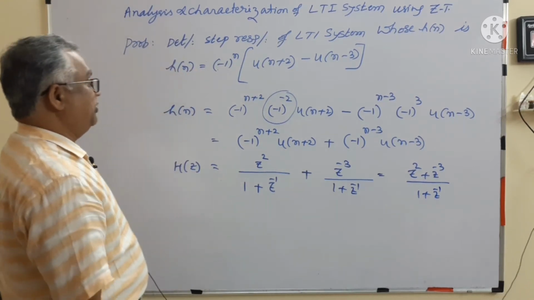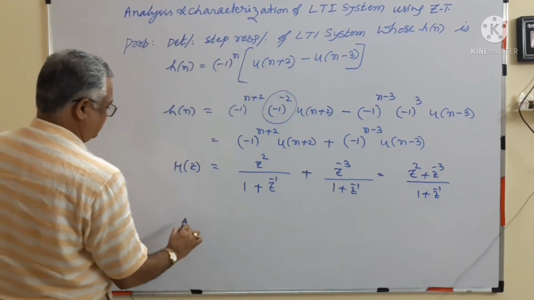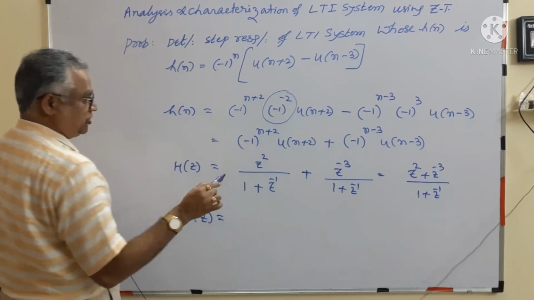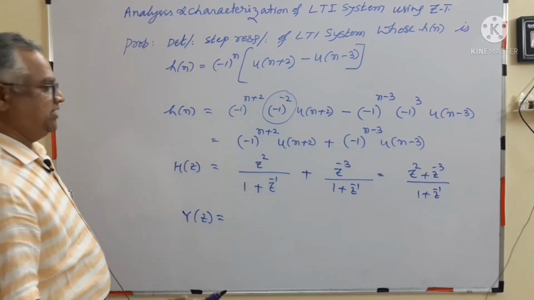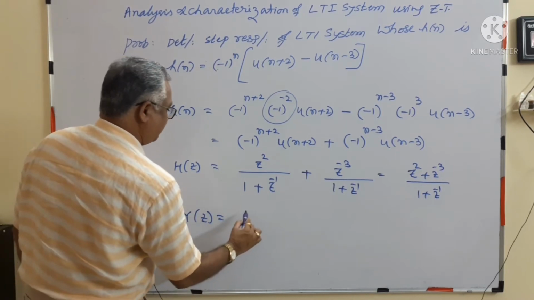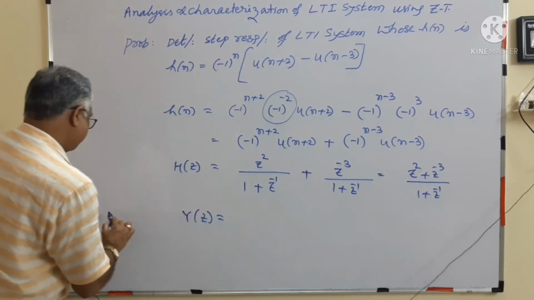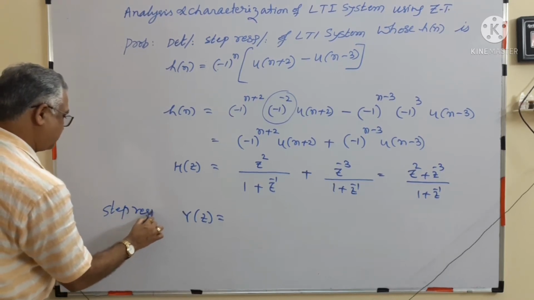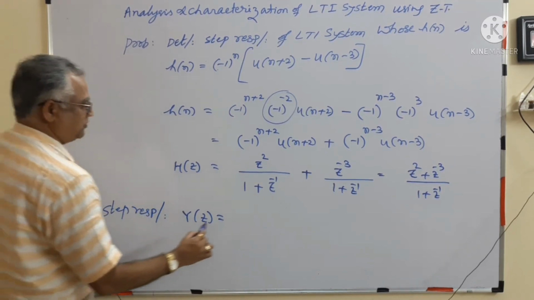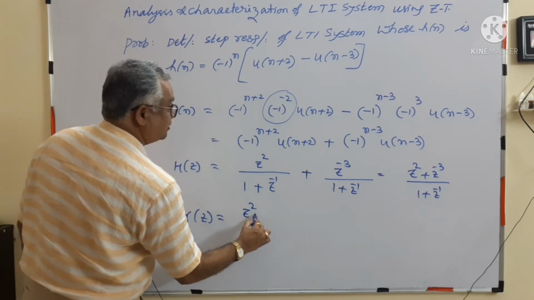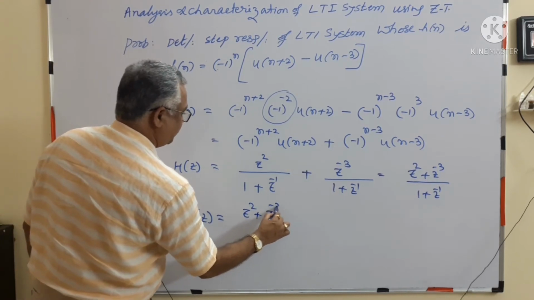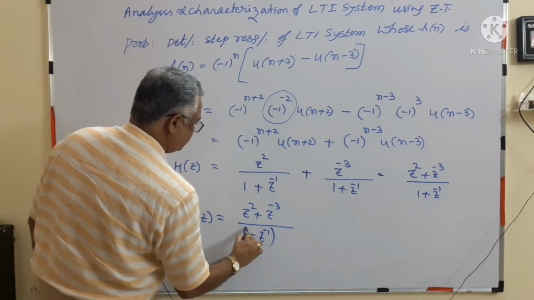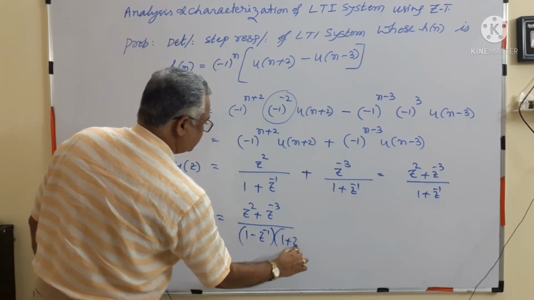And what we want is the step response. So the step response Y(z) is nothing but H(z) by 1 minus z inverse. So what is Y(z), the step response? It is z square plus z to the power of minus 3, by (1 minus z inverse)(1 plus z inverse).